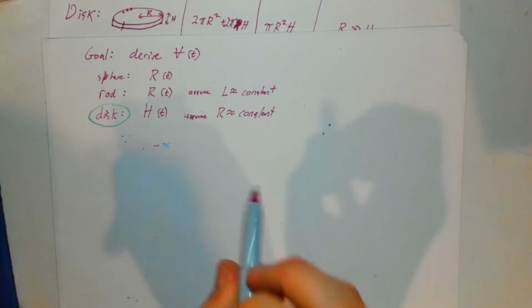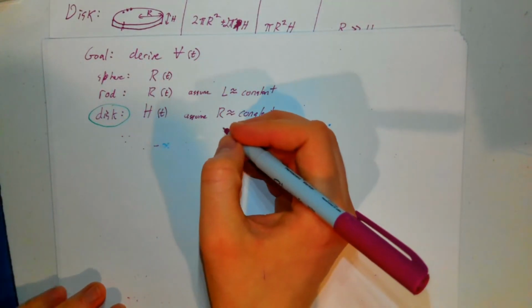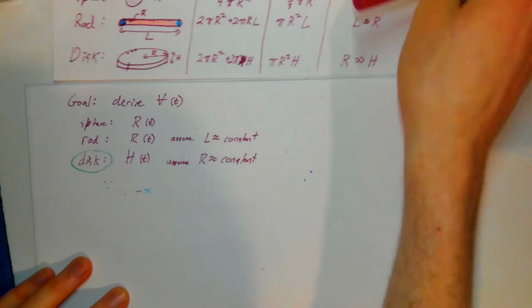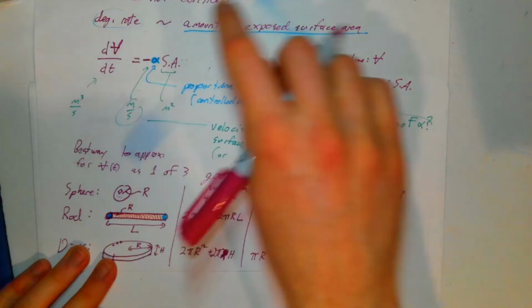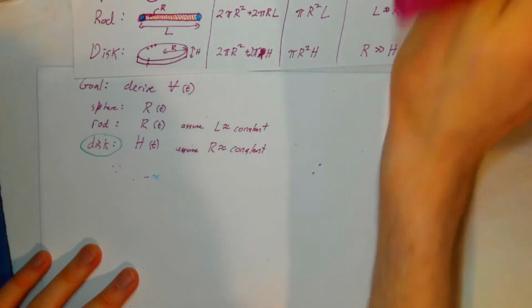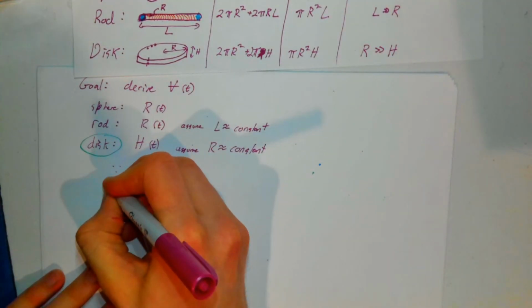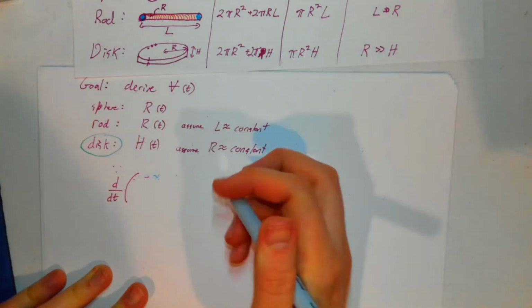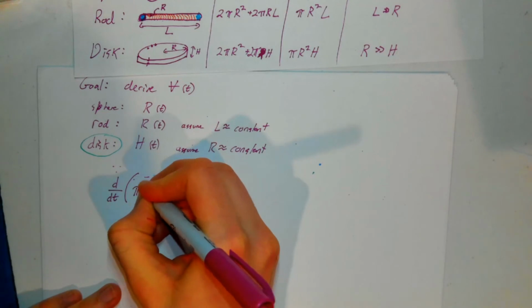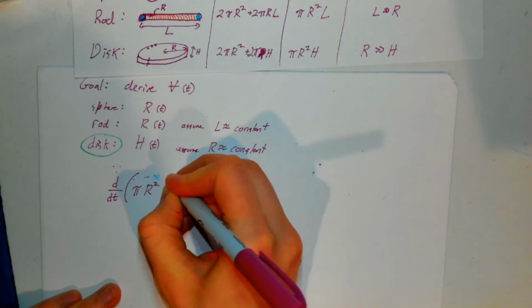So, what am I going to do? I'm going to sub this expression for volume into the dV/dt. So what does that look like? Basically, I have the time derivative of this expression for volume right here, pi r squared h.